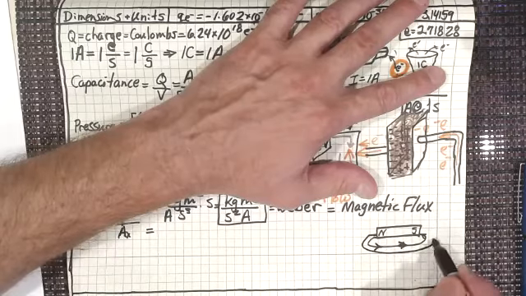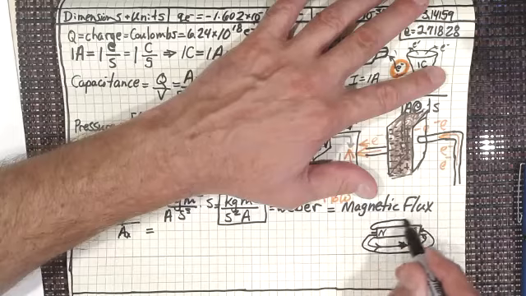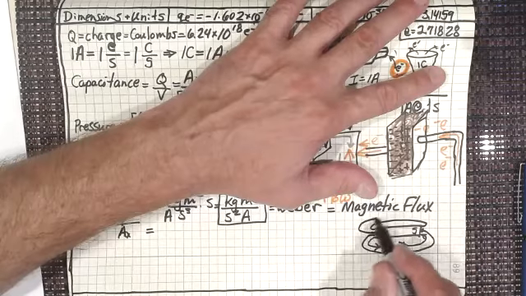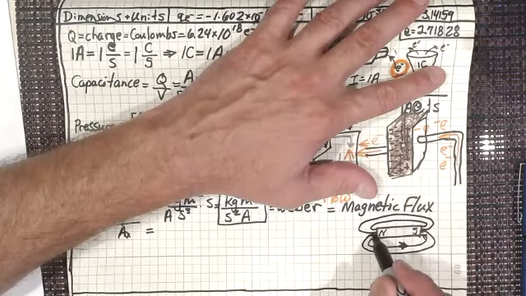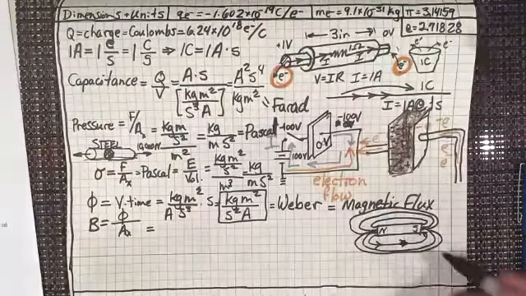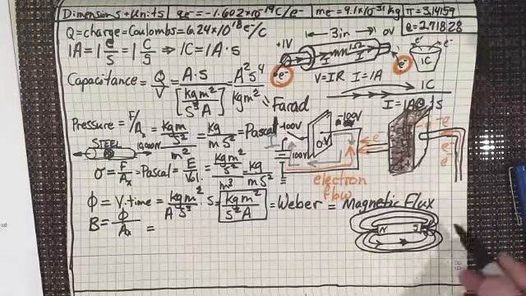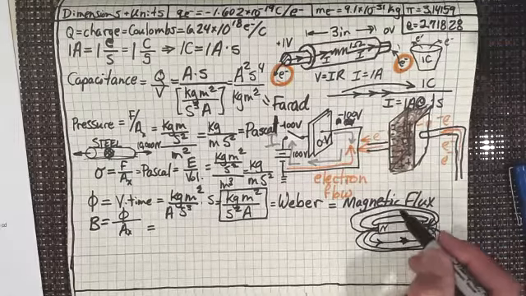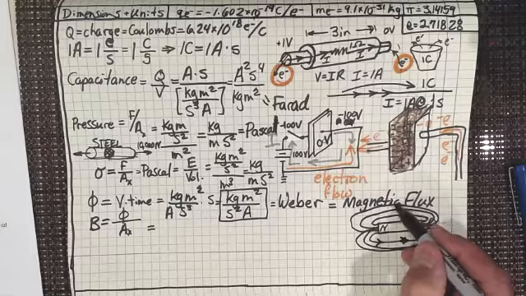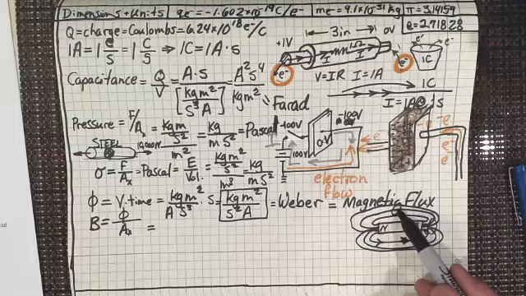So we've got flux that's flowing out, and I think that everybody can see that if I was to take a cross section right here, I'm going to have a lot more flux lines going through it than if I take the same size cross section out here, right? So I'd have a lot of flux density here, and I'd have a little flux density here.